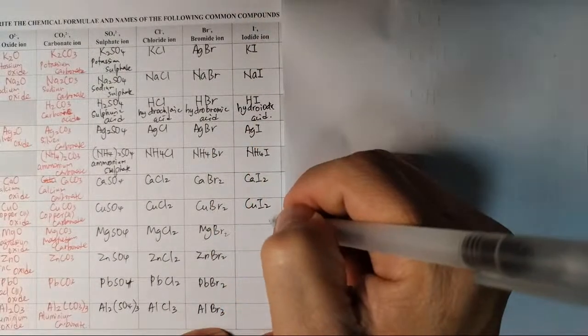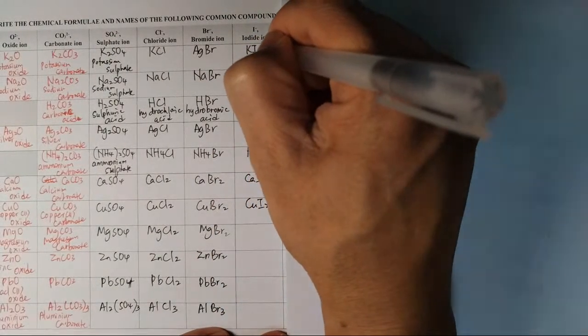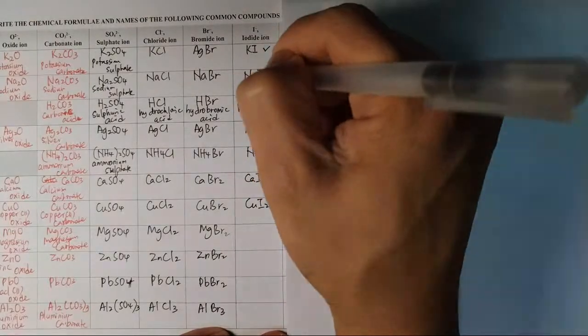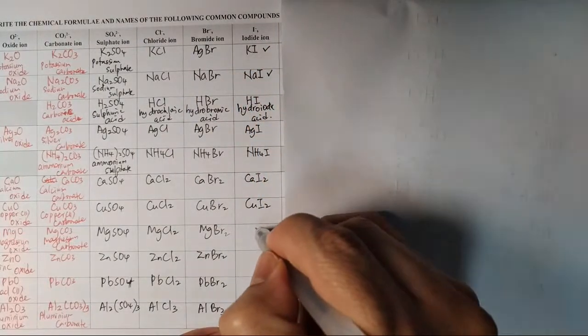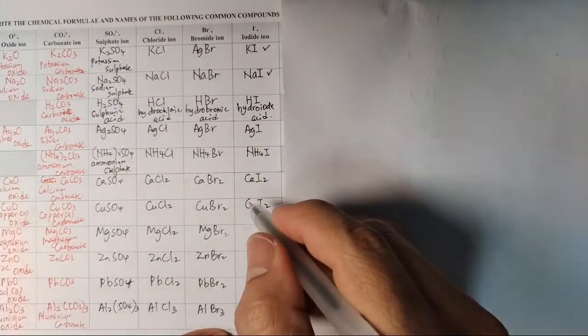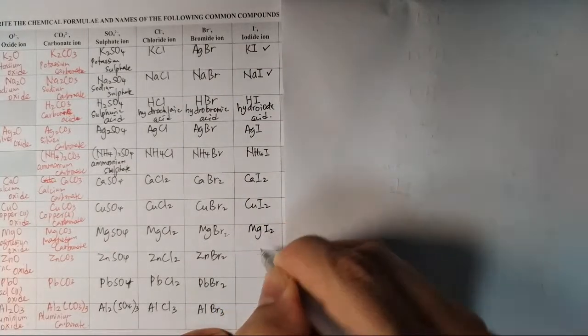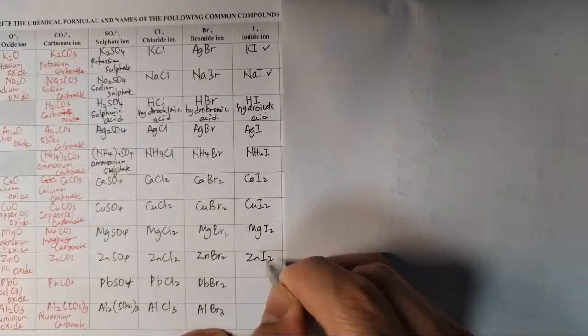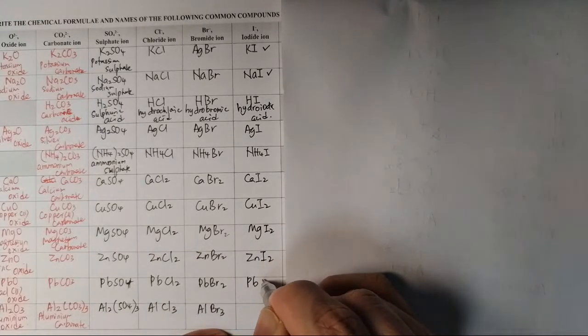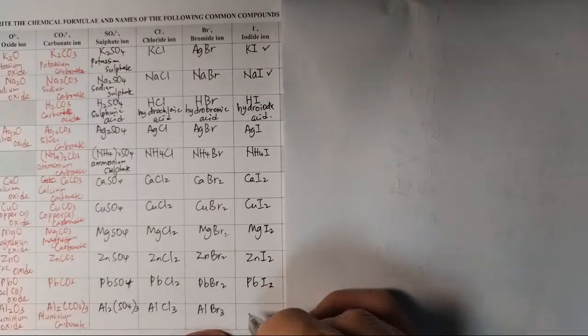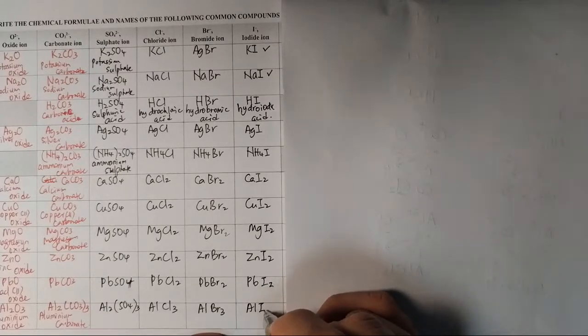Iodide salt is not that common except these two. We always use in the lab. Others we seldom use. Okay, but it exists. Zinc iodide, lead iodide, then aluminium iodide.